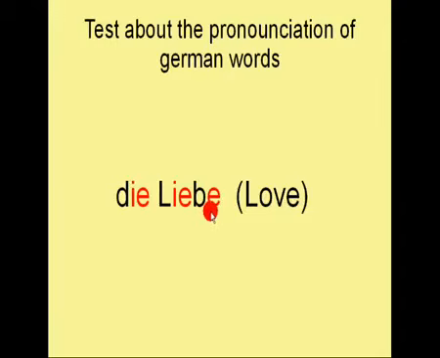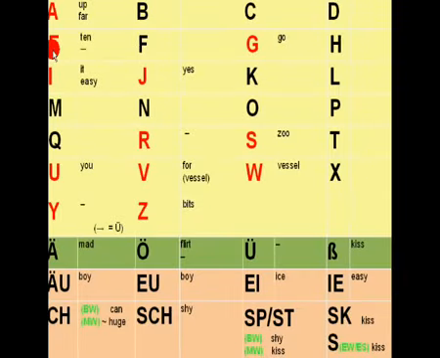And let's see if you remember how we pronounce it, because we Germans always pronounce it the same way. We pronounce the E like an E, either in the short version like in ten or in the long version. And if you remember from my other videos, I made a line here because I guess there's no English equivalent for the long German E.